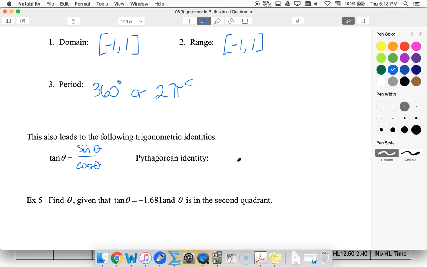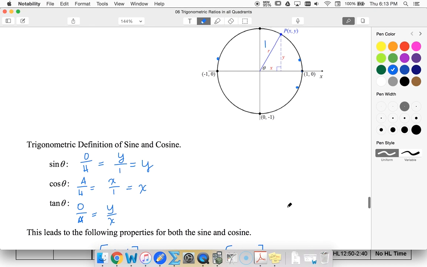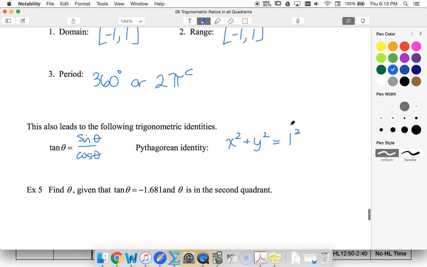The Pythagorean identity, well, if I look at my triangle and use Pythagorean theorem, I have x squared plus y squared equals r squared, but I know that the radius is 1 for my unit circle.